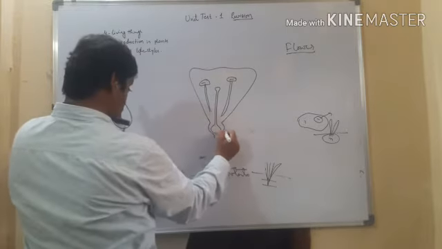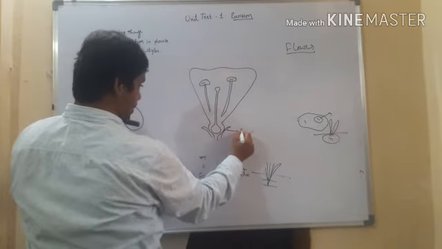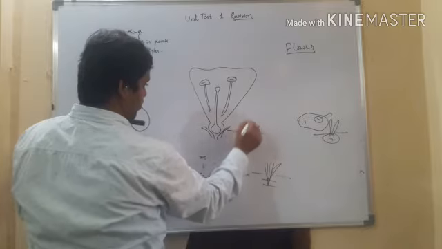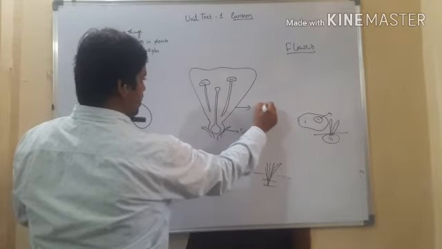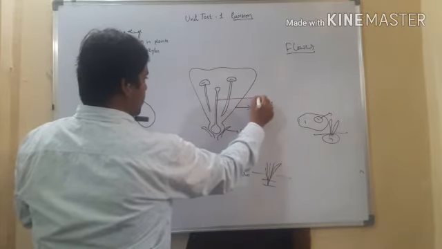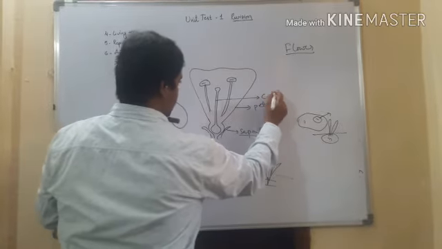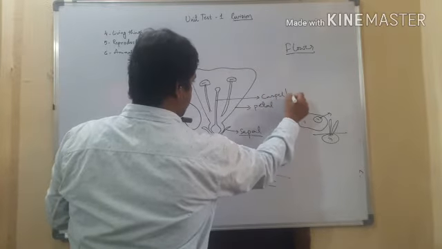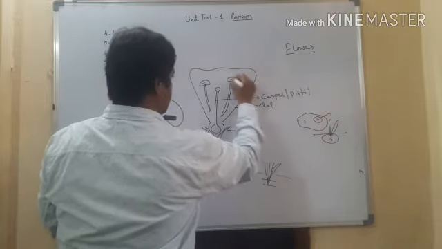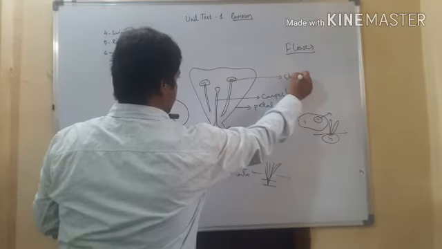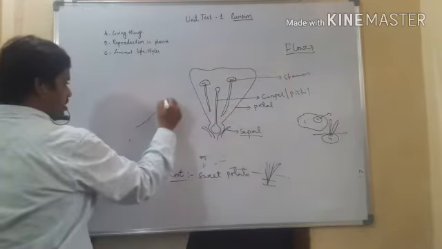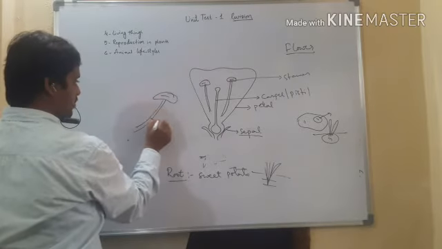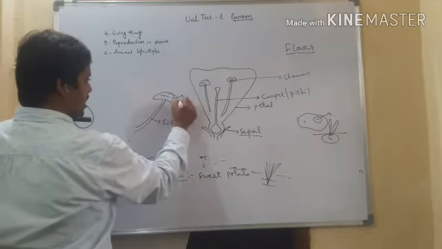Now see, the first part is the sepal, the green colored protective one, and the colorful one is the petal, and the middle one is the carpel or pistil, and it is the stamen, right? The stamen contains the filament and the anther.